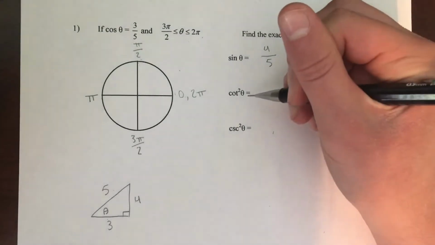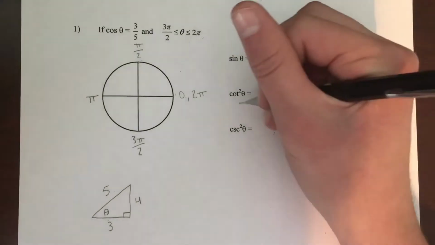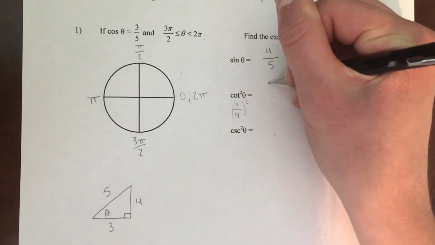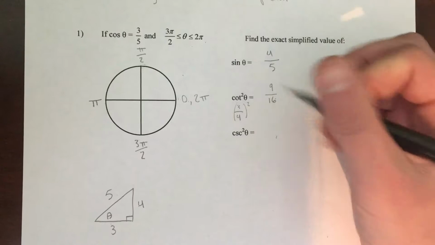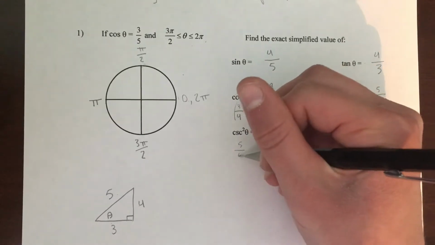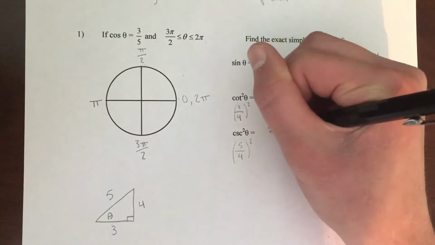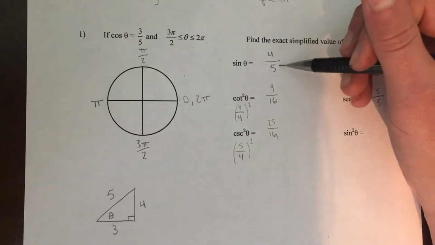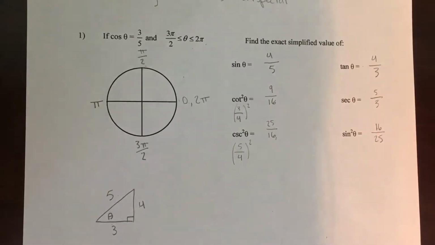For the squareds, we need to first find cotangent, which is 3 over 4, and then if we square it, we get 9 over 16. Cosecant is the opposite of sine, which is 5 over 4, and then we square it and get 25 over 16. Sine squared, which is right here, we get 16 over 25.